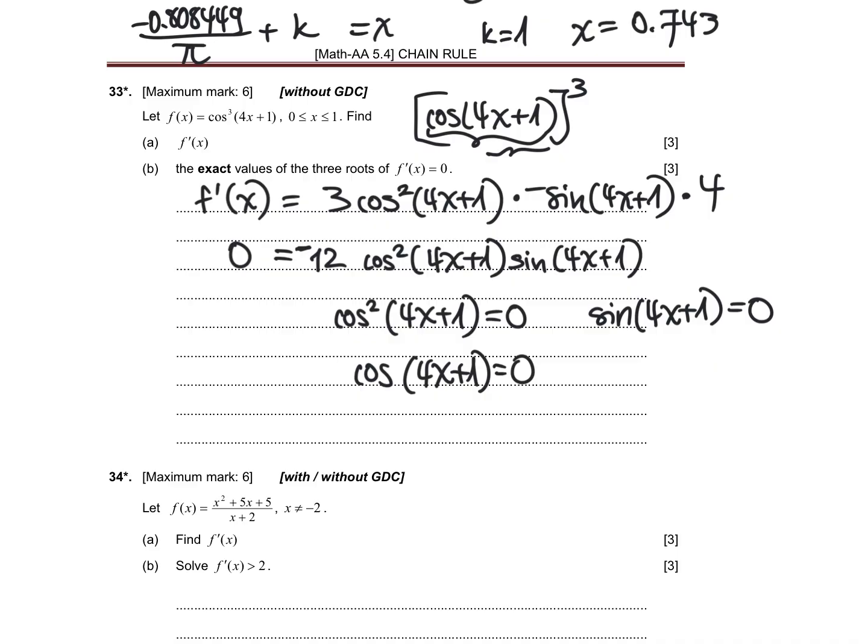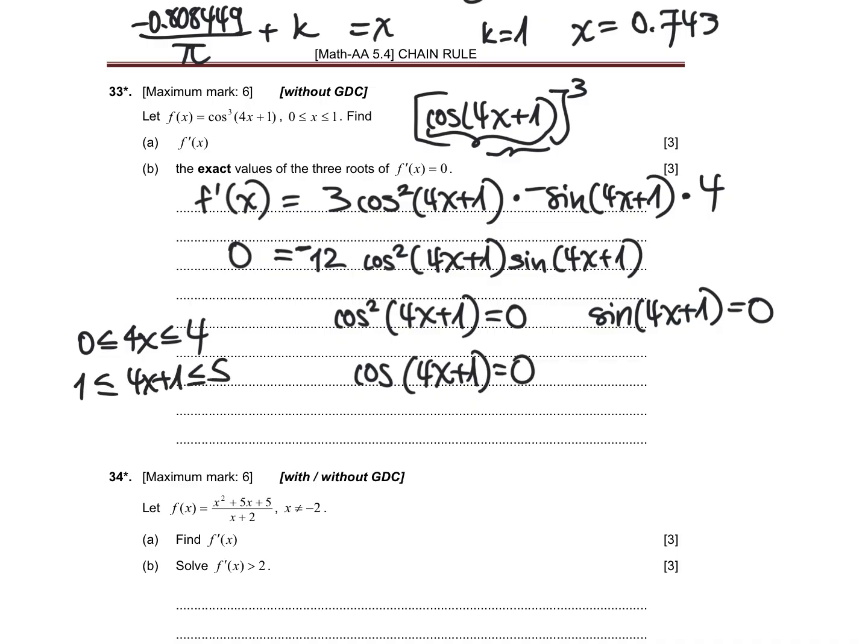All right, so now cosine is 0, and the domain is 0 to 1. Cosine is 0 at pi over 2. Oh, we can change the domain. Gotcha. Okay, so if we multiply by 4 and add 1, now we're at 1 to 5.